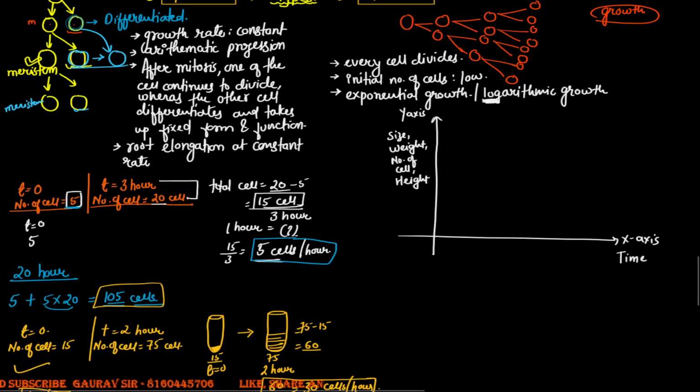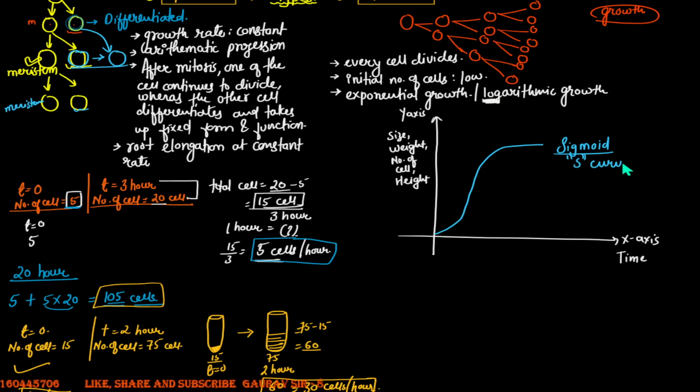In such a type of growth, I'll find there'll be a curve of this type, an S type of growth, right? This type of curve is called a sigmoid curve, or you can also call it an S curve, an S-shaped curve.